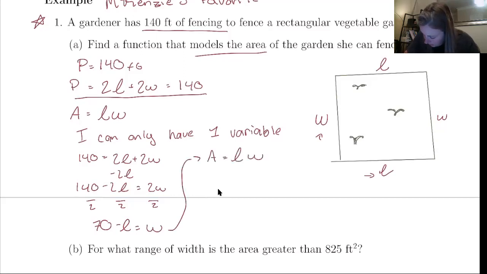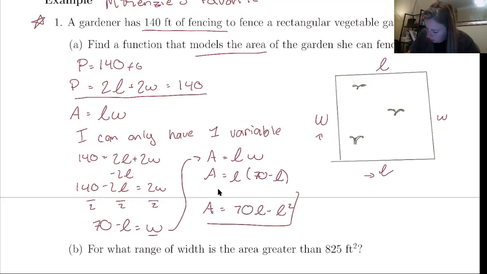Instead of length times width, area is going to equal length times what I have for W, 70 minus L. If we wanted to, we could distribute and do 70L minus L squared. Both of those are very good answers. So that's how we got to model area using one of the sides.